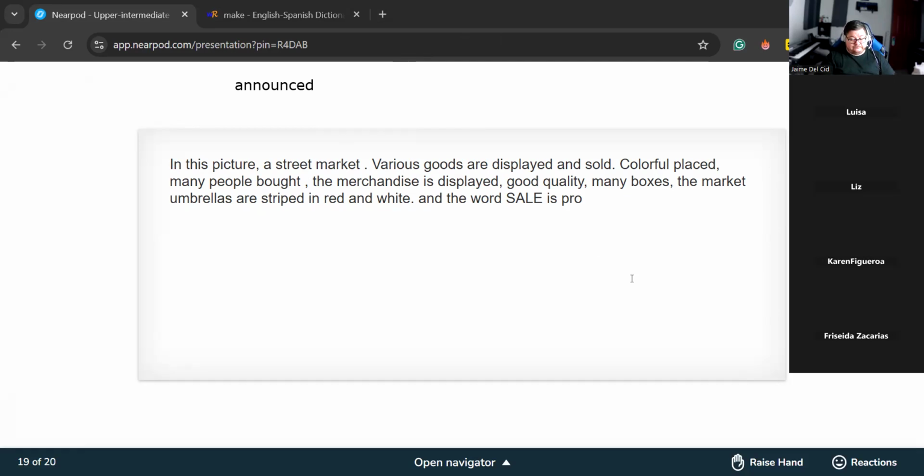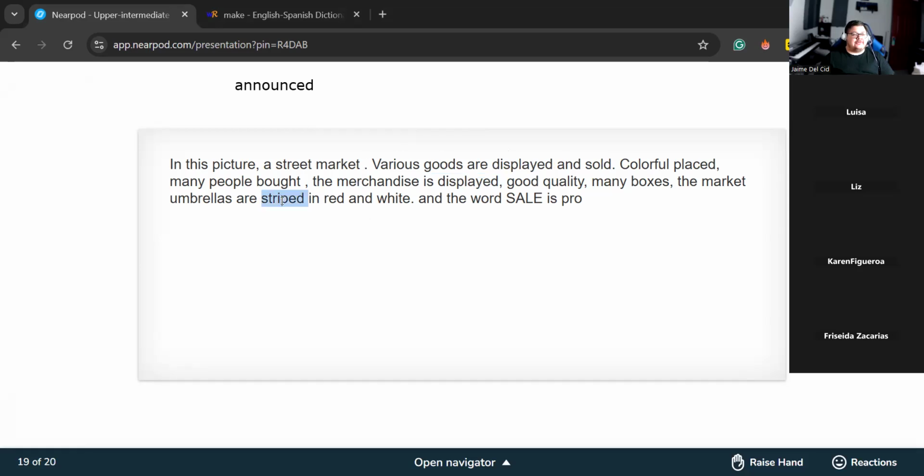Various goods are displayed and sold, and the market umbrellas are striped in red and white, and the merchandise is displayed. Very good. That's correct. So we have the verb be here and the past participle. So that's good. Merchandise is displayed. The goods are displayed and sold. Very good. Are striped in red and white.